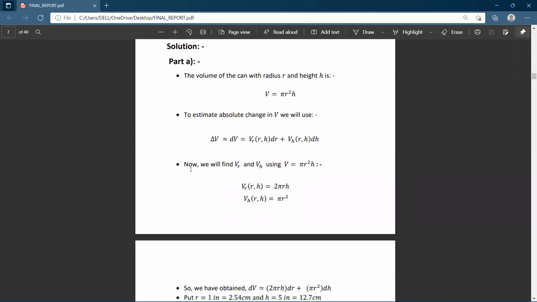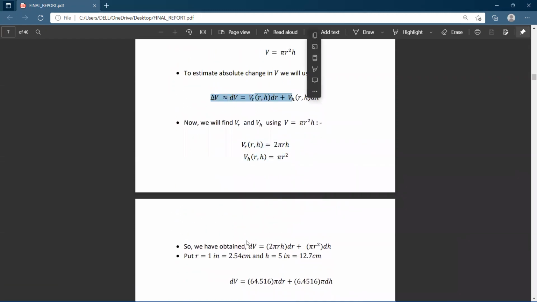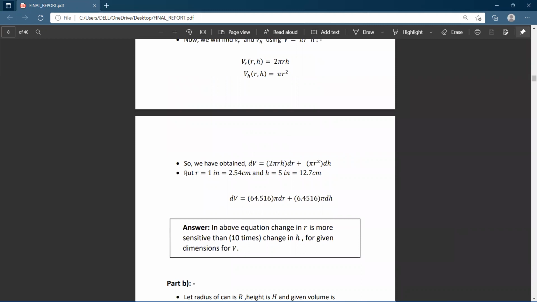So I find both partial derivatives first, then substitute them in this equation. Now the given radius is 1 inch, which is approximately 2.54 centimeters, and h is 5 inches, which is approximately 12.7 centimeters. So I put all the values in this equation.